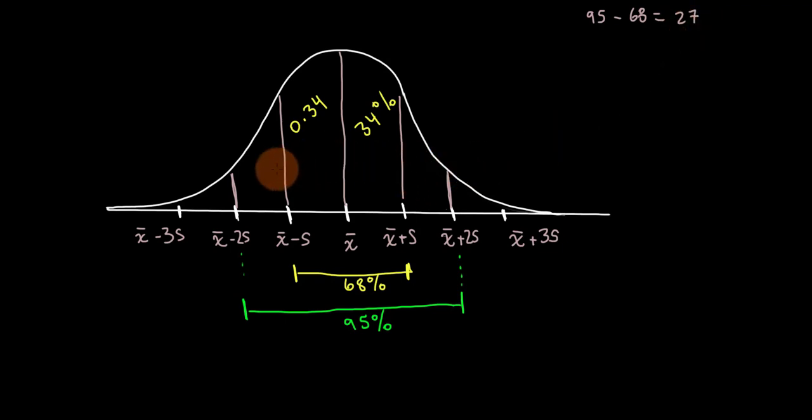So the total is 27%, but go ahead and chop that in half, and you've got 13.5% is the expected percentage of observations in these little wedges here. I'll type over here as a decimal 0.135 or 13.5%. That's kind of fun, huh?